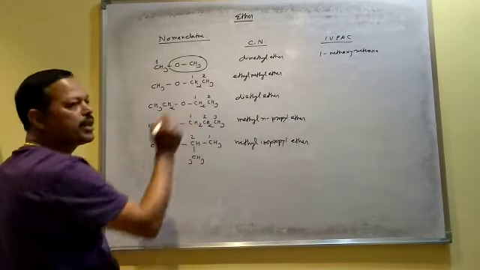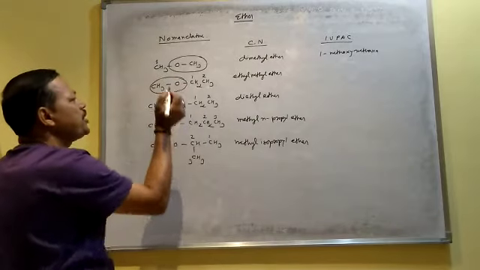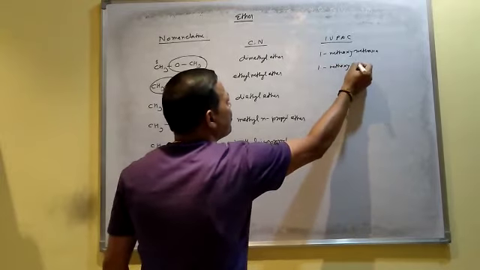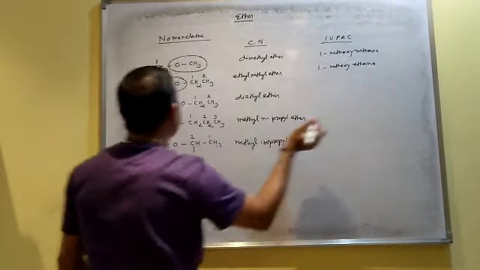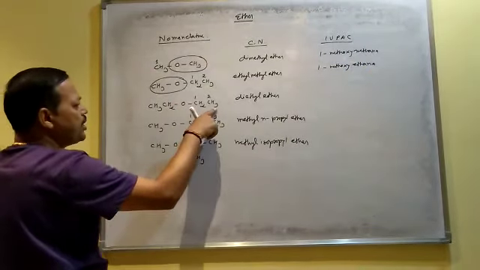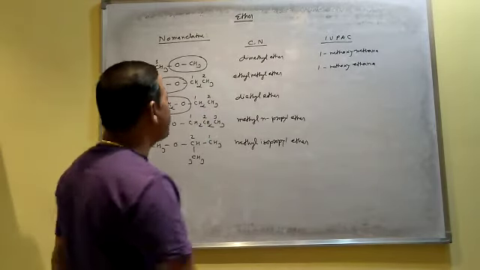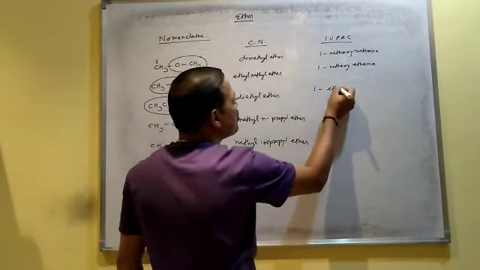This one has 2 carbons, that's why ethane, and this group is called methoxy, so it is called 1-methoxyethane. This is 2-carbon ethane, and this group is an ethyl group with oxygen, it is called ethoxy, that's why it is called 1-ethoxyethane.